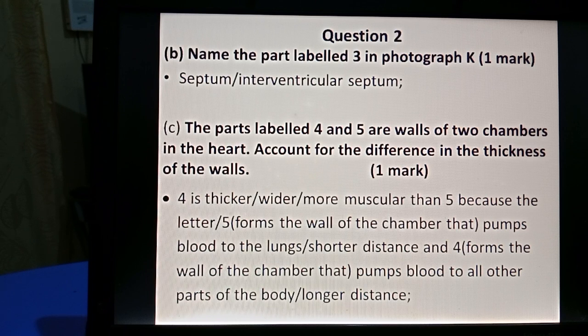So 4 is wider, or 4 is thicker or wider or more muscular.